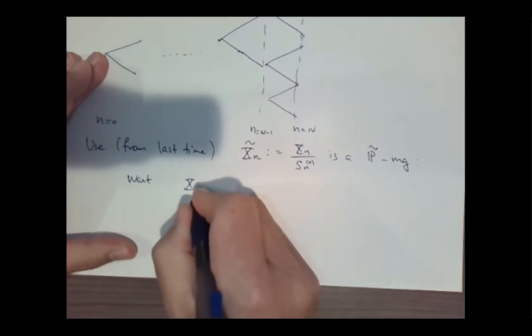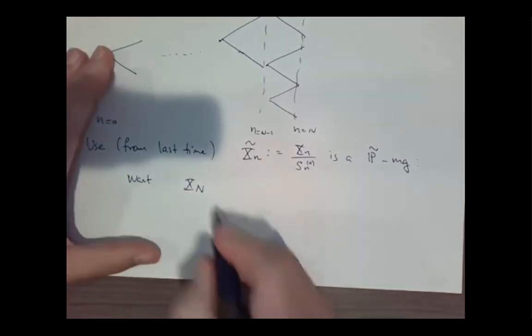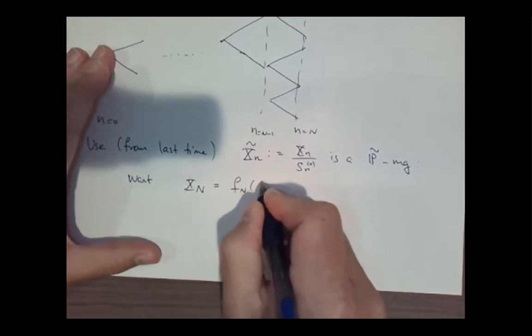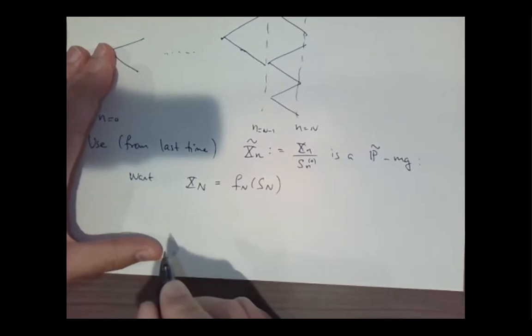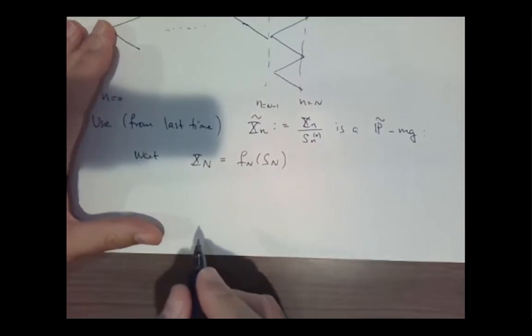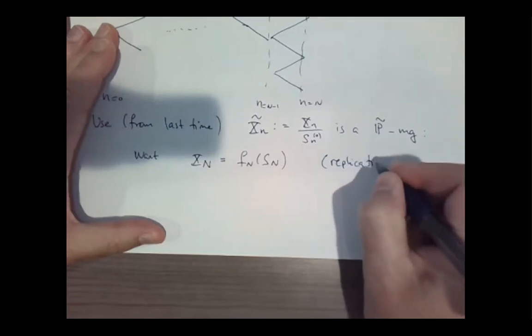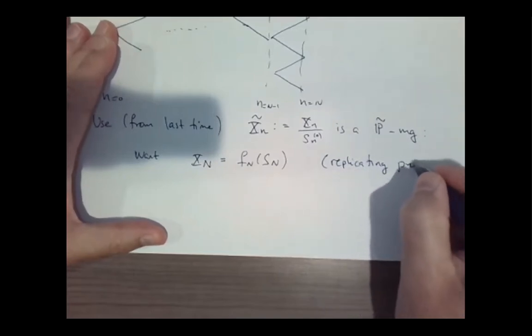We want Xn, this is our wealth, to be this Fn of Sn. This is the replicating property.